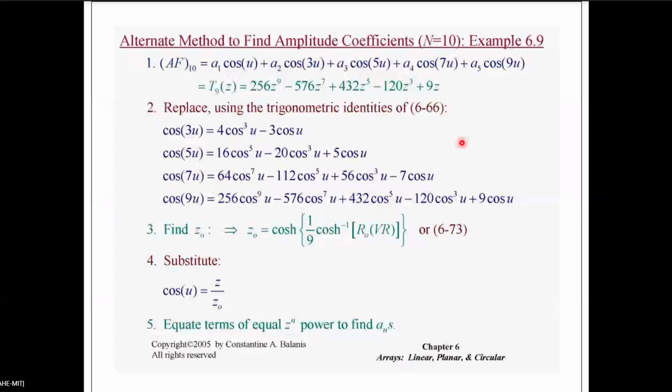Okay, Dolph-Chebyshev array design. Problem statement.